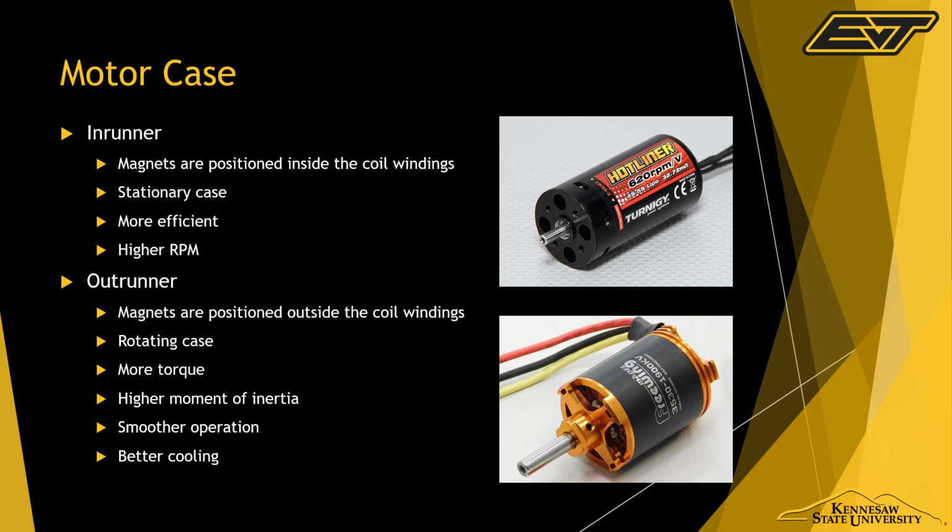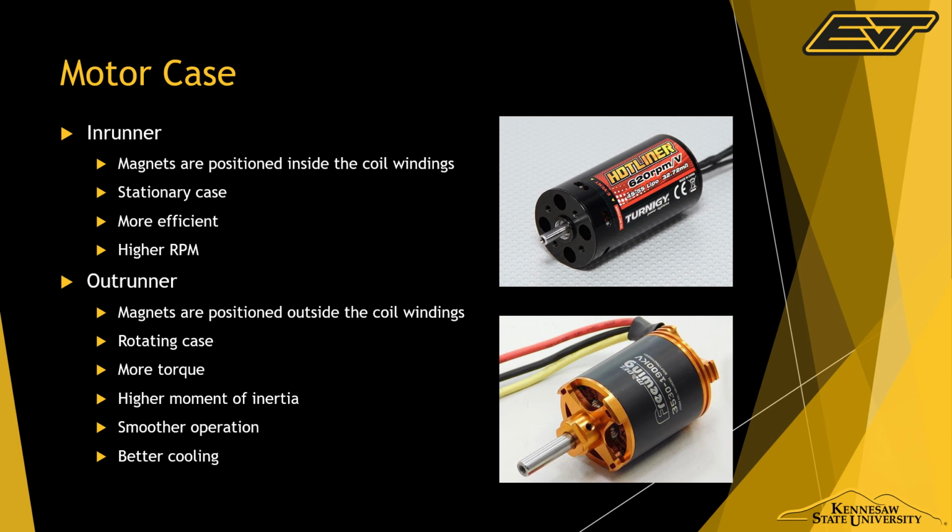And obviously, if we're producing a lot of torque, we want a big chain size, which means that our tiny gear has to be a little bigger. But anyways, outrunner motors means that the magnets are on the outside, which I've already said. They have more torque, and the reason why is because the magnets are on the very outside of the motor.